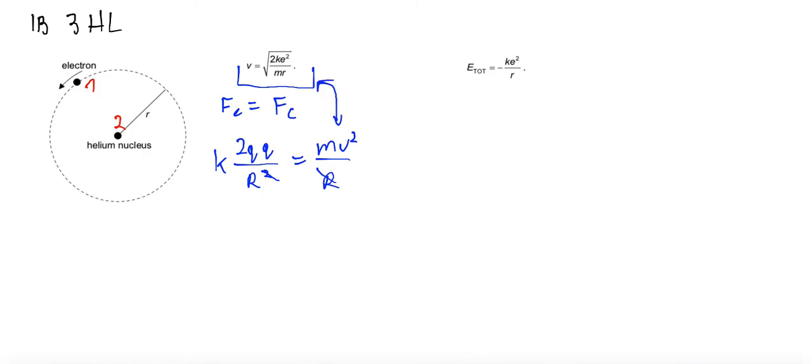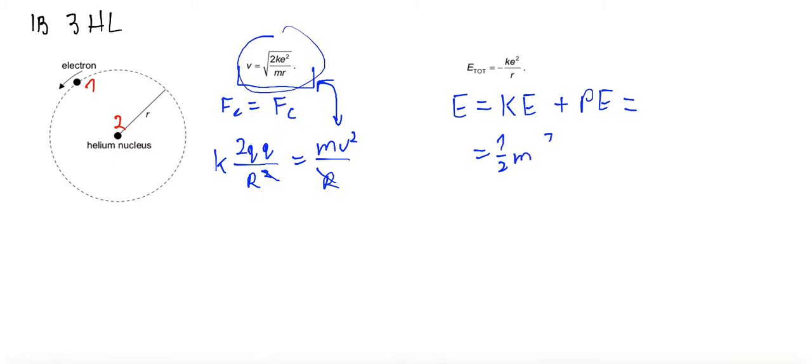Okay? Total energy. Total energy is the sum of kinetic and potential. Kinetic is half of mv squared, where v is given, so 2ke squared over mr, plus potential, which is negative and equal to k times 2q times charge over r.